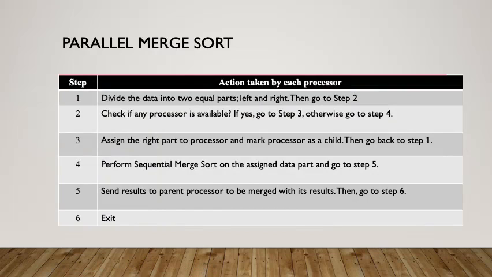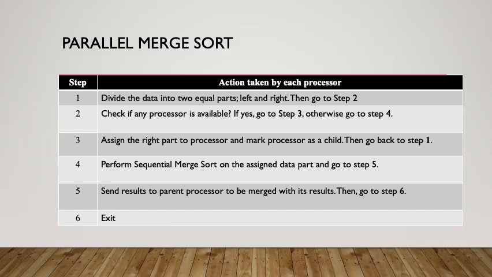In parallel merge sort, input elements are divided into two equal parts, and each part is processed by a separate processor, and each division is mapped to a new processor until every processor has its own data to be sorted. This division forms a tree-like structure which can be implemented as a hypercube as well, but that is beyond the scope of our discussion today.